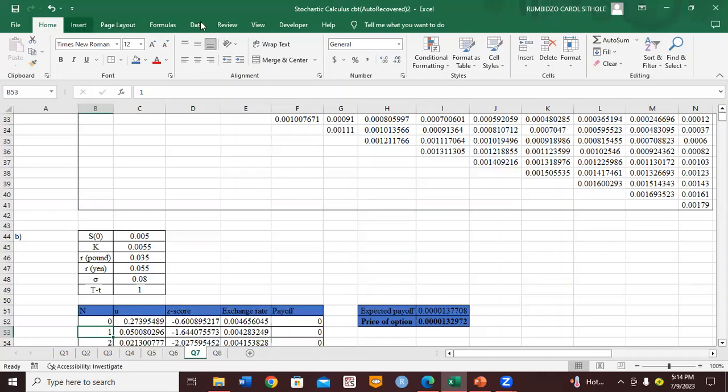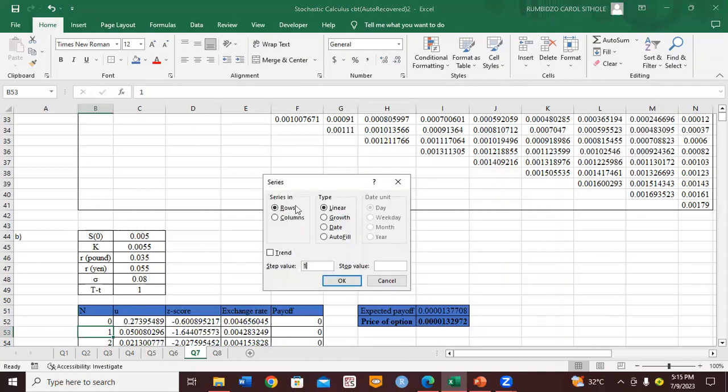Excel. You have to come to your home page. In your home page, there's a fill button. You click series. After clicking series, you want it to number from 1 to 100,000, and you want it to number them in a sequential way on the columns, not the rows.